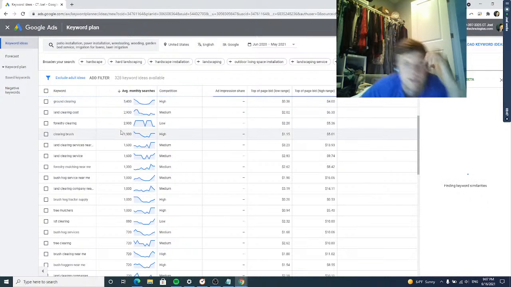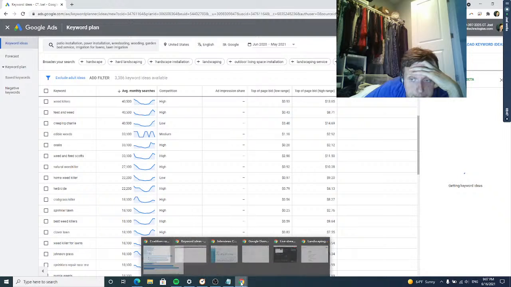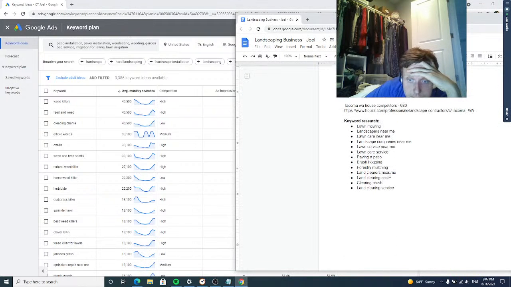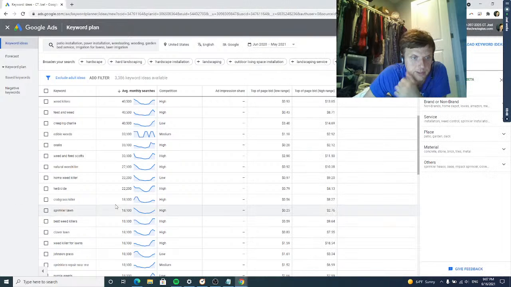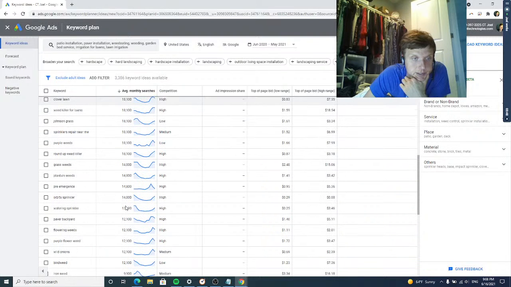This will be interesting. Okay, so let's pull up our notes. Weed killers, not us. Creeping Charlie, edible weeds. Wow, there's a lot of unrelated stuff here, unfortunately, coming back. Best weed killers.